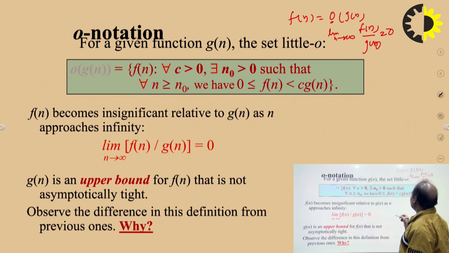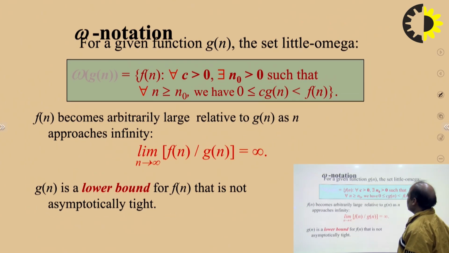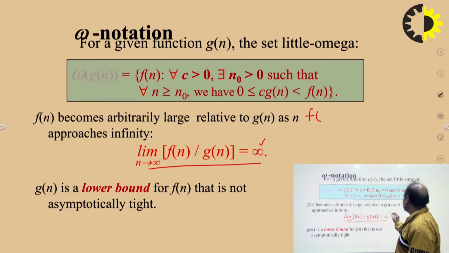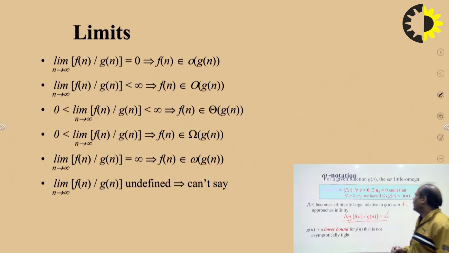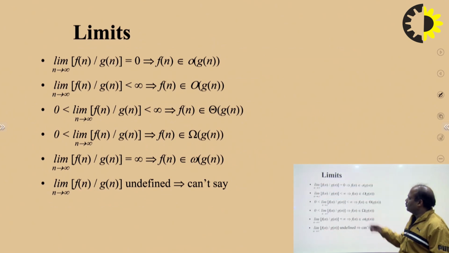In other words, you just remove the equality from the notation, don't write less than or equal to, and you get the little o notation. Similarly, f(n) is little omega of g(n) if the limit as n tends to infinity of f(n) by g(n) is equal to infinity. This is the limit rule, and we can go through it.